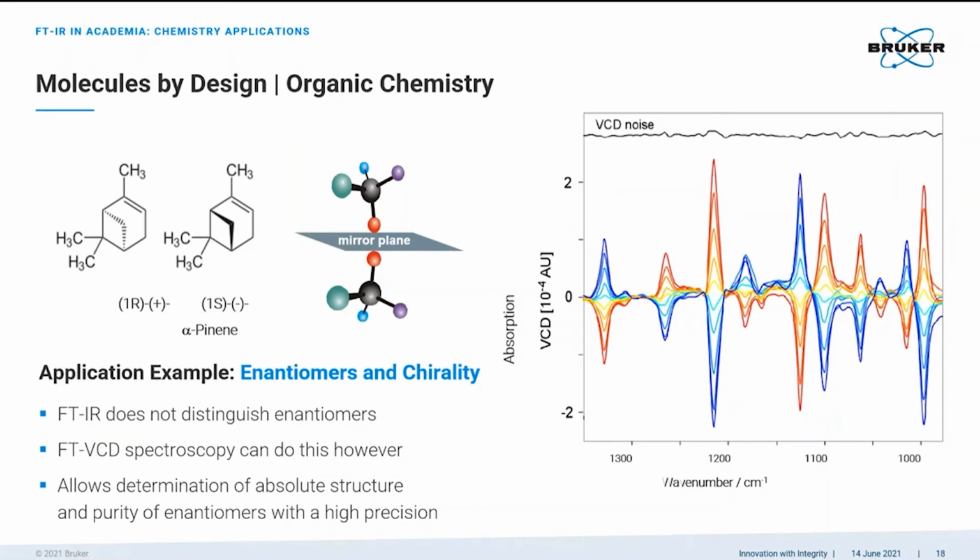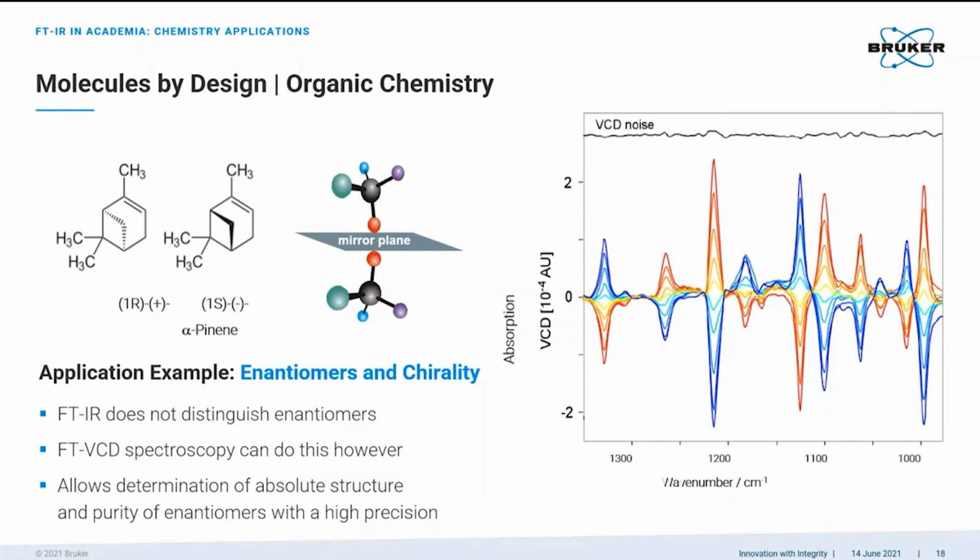Now, it is not difficult to understand why the VCD spectra of two pure enantiomers are mirrored at the zero line. That means where enantiomer A has a positive VCD band, enantiomer B should theoretically show a negative VCD band at exactly the same position and with the same intensity. Furthermore, a racemate VCD spectrum should be a zero line.